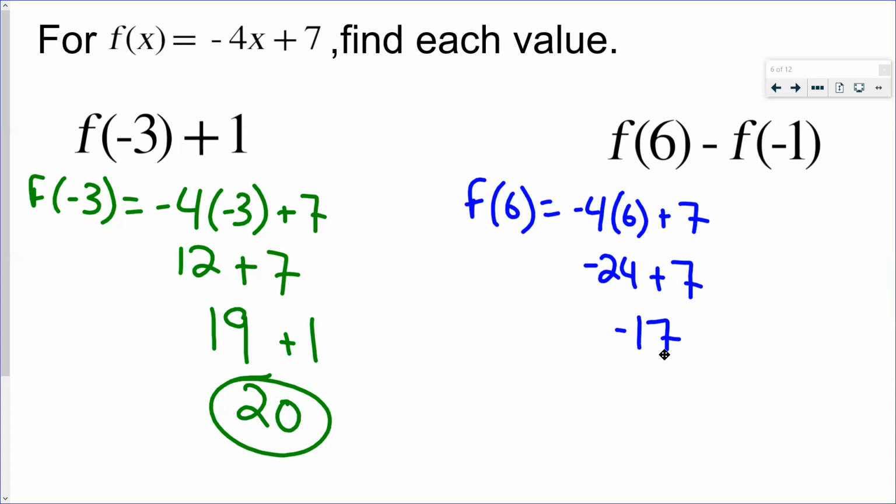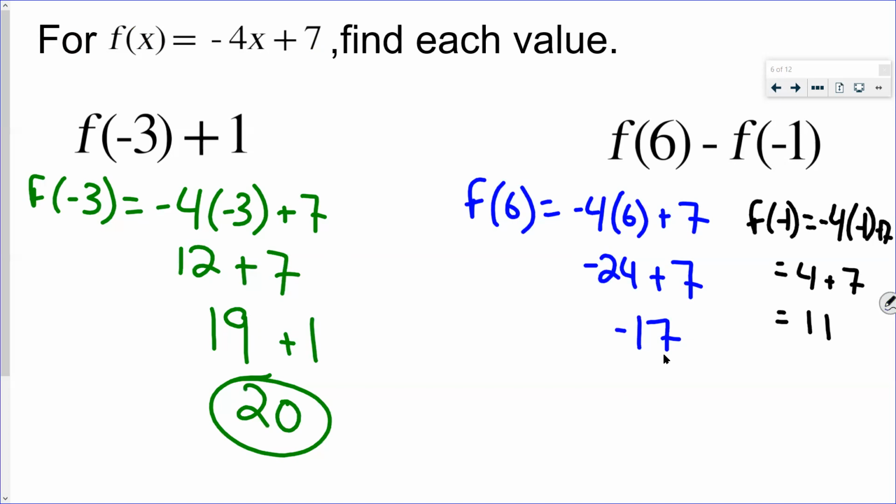We're not done. Now let's solve f of -1. f of -1 equals -4 times -1 plus 7. So we're solving that function. -4 times -1 is 4 plus 7. 4 plus 7 is 11. Okay.